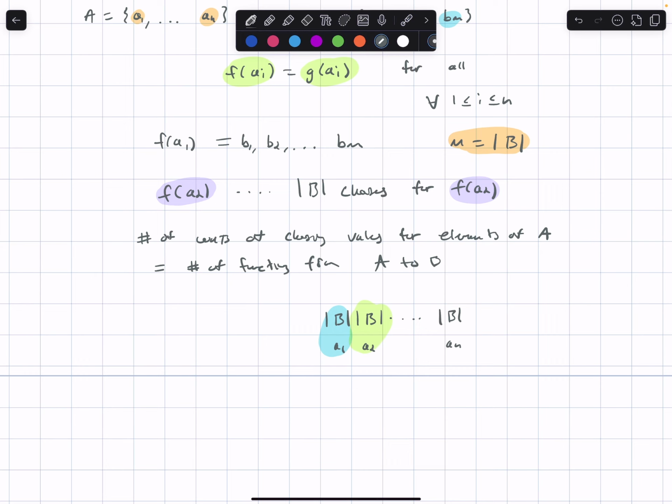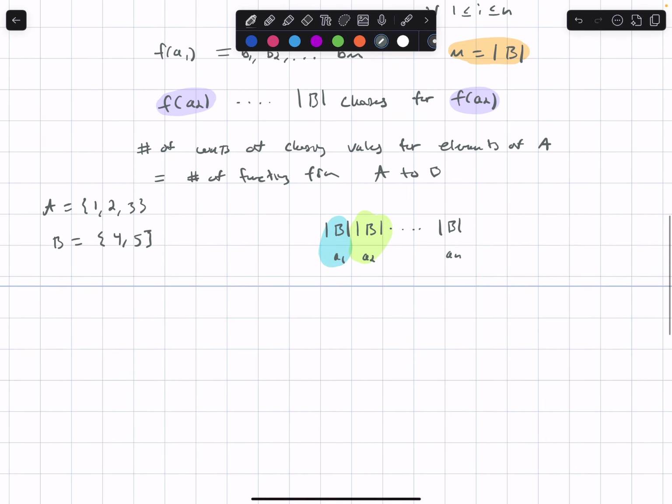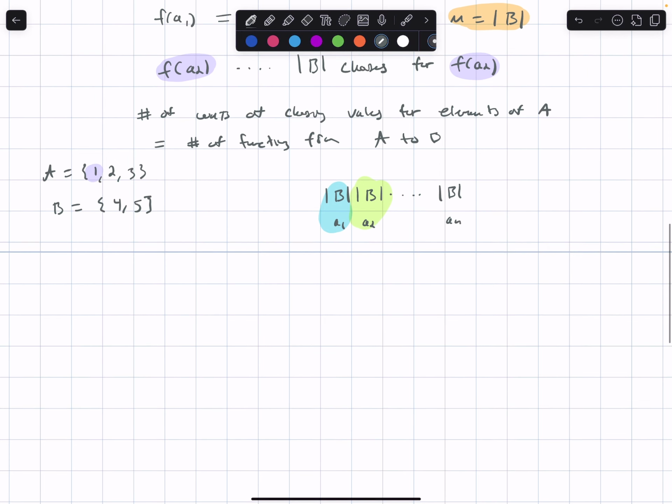So to make this a little bit concrete, say a is the set 1, 2, 3, and b is the set 4, 5, and I'm thinking, how many functions are there between a and b? Well, I think about 1. I could send 1 to 4, or I could send 1 to 5.